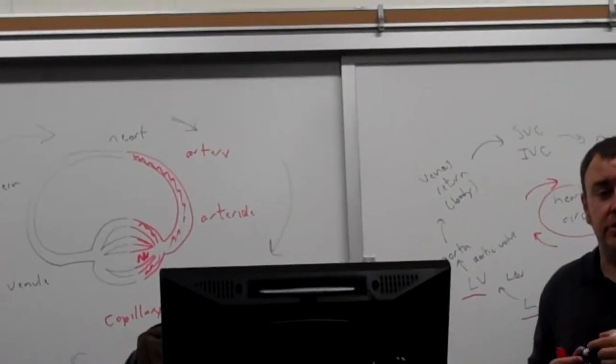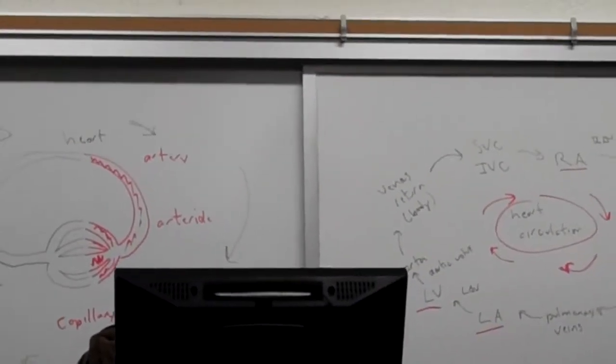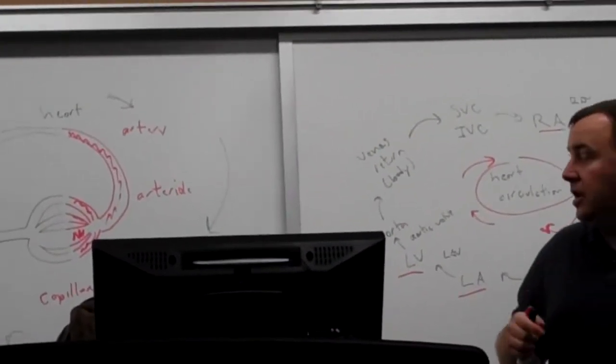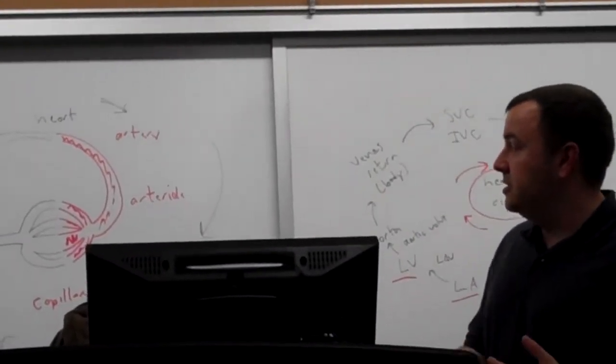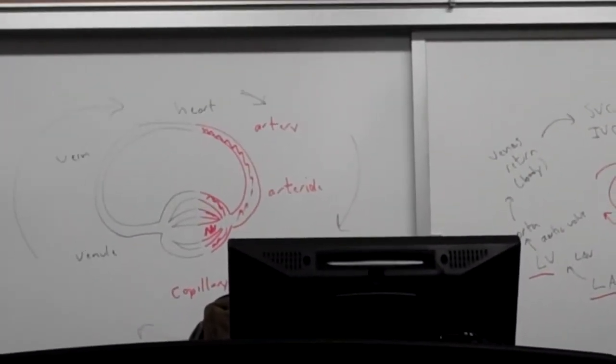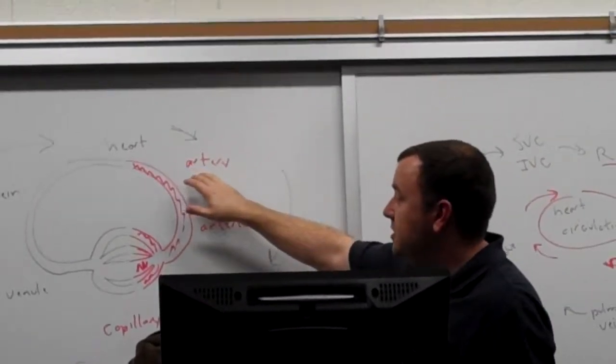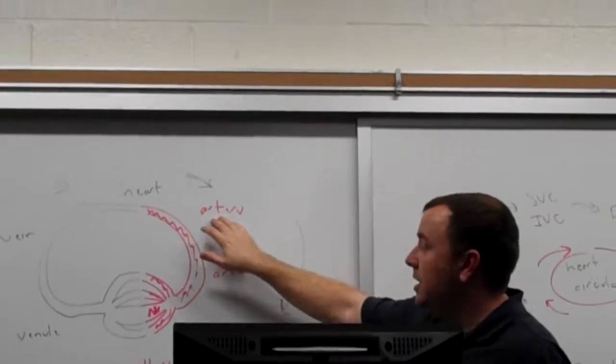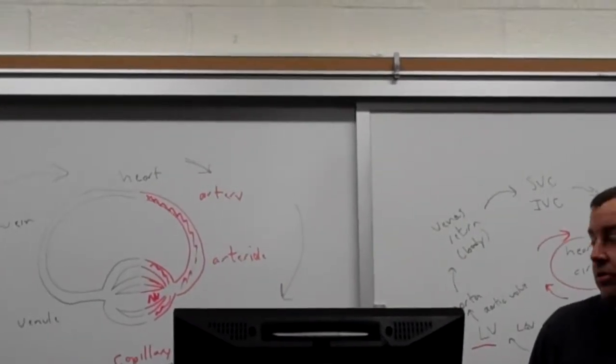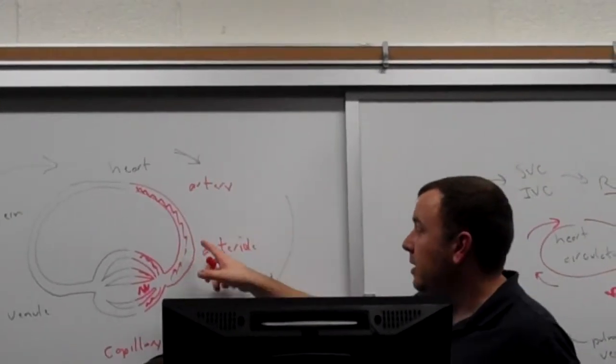Most of the time that's oxygenated blood, because the heart is a pumping station. Its main function, in addition to pumping blood out to the body, is to pump to the lungs where it can get recharged with oxygen. Other than the pulmonary arteries, all the other arteries are going to contain oxygenated blood.